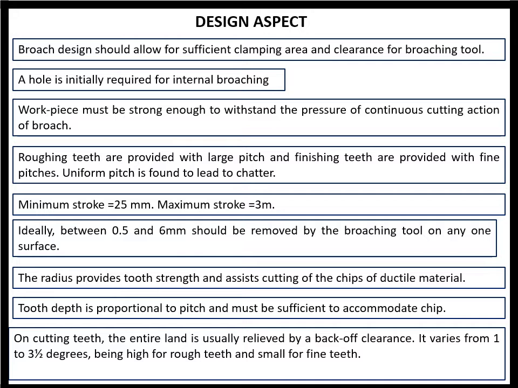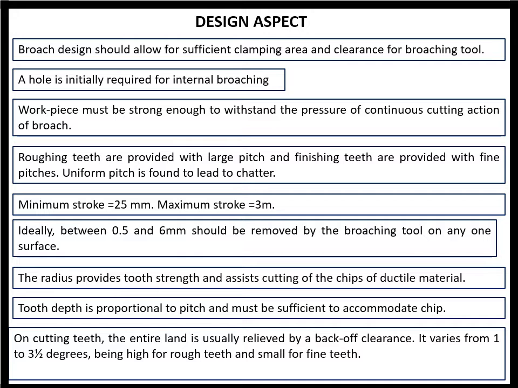And for a broaching operation to be done, the job or the component should have a predetermined hole. Either it should be drilled or bored, or in a forging operation or a casting operation it should be blanked initially. And the workpiece which is to be broached needs to be very strong.